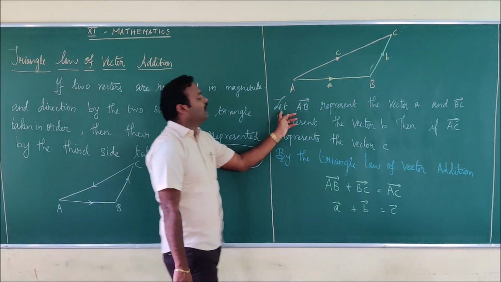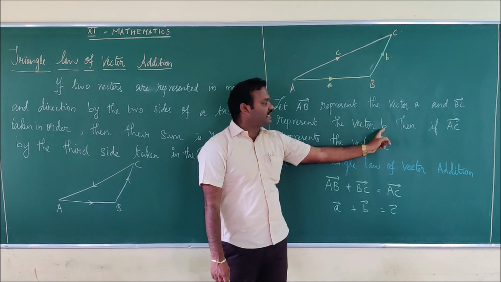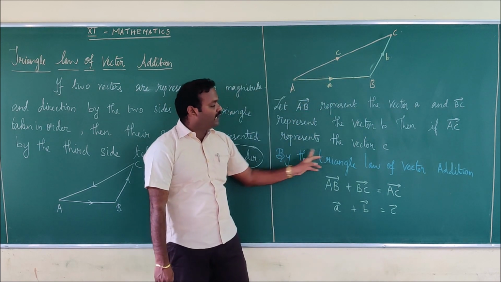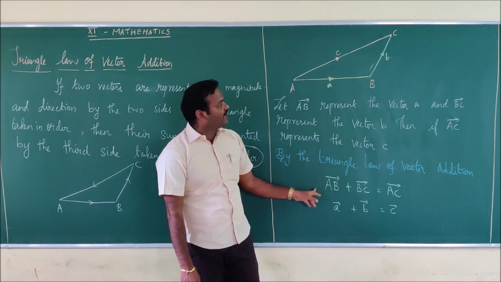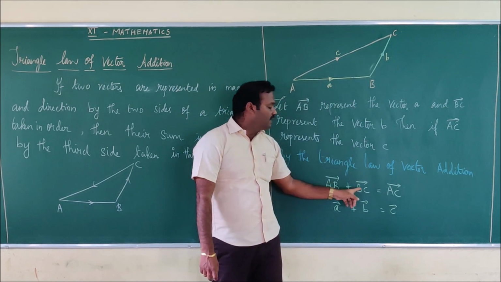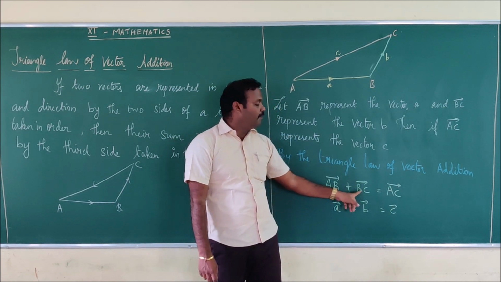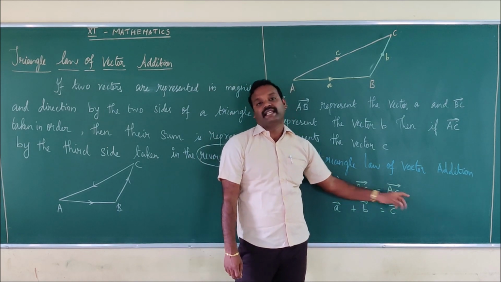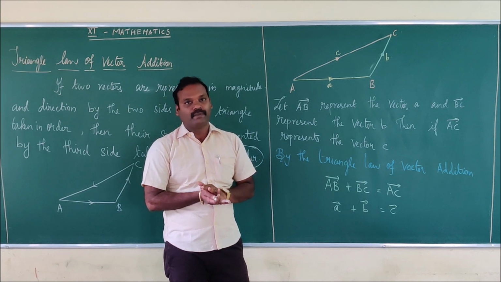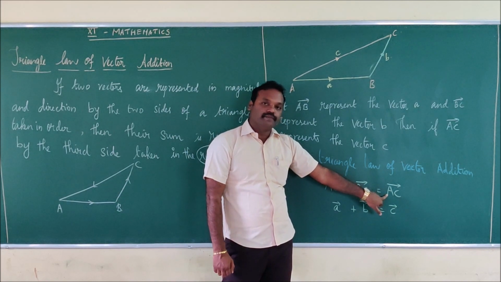Let AB vector represent vector A and BC vector represent vector B. Then if AC vector represents vector C, by the triangle law of vector addition you can write that the sum of these two vectors, AB plus BC, is equal to AC. You have to remember the result. How can we remember the result? Just observe that your starting point is A.